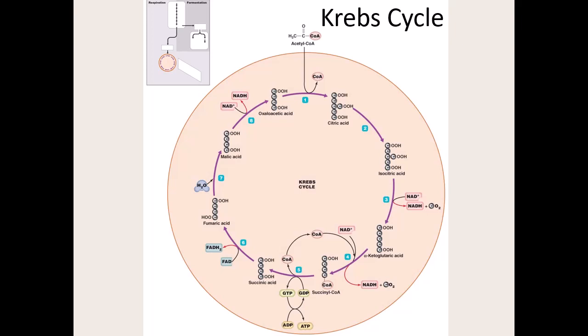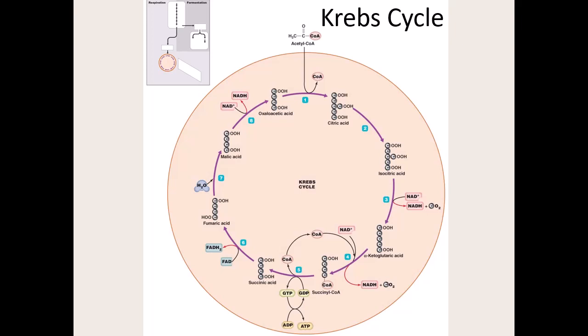As it feeds in, it's going to meet up with this molecule, which is 4 carbons. There's 4 little circles there called oxaloacetate. Don't care that you know the name. But you're going to have a 4-carbon molecule meeting up with a 2-carbon molecule. And when you have 2 plus 4, it equals 6. You're going to make a 6-carbon molecule.